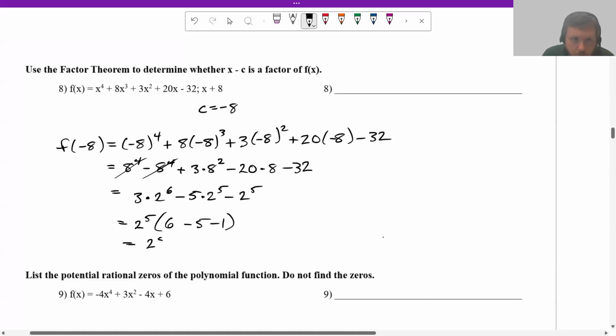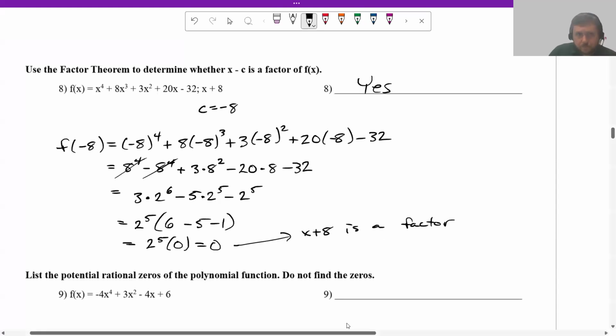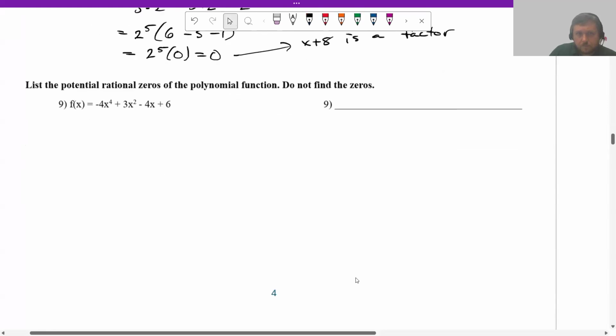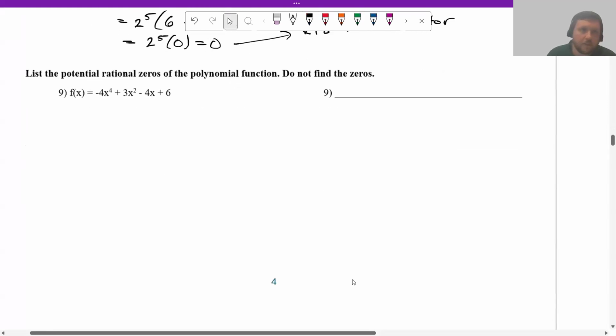So then I have 2 to the 5th times 0, so then that's 0. So since it's equal to 0, then x plus 8 is a factor. So we could just say yes, I guess. Yeah, according to the factor theorem.